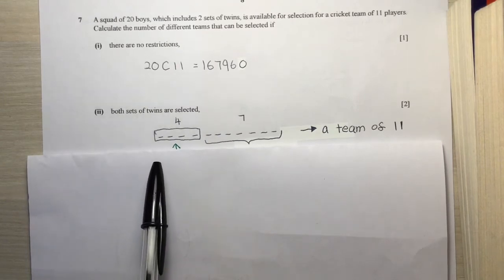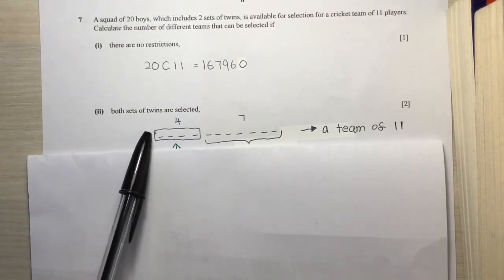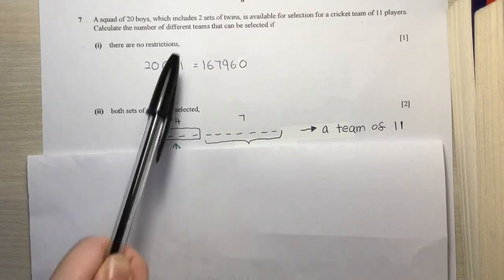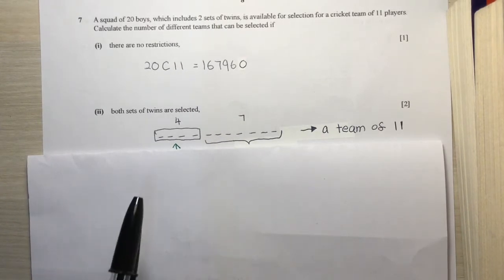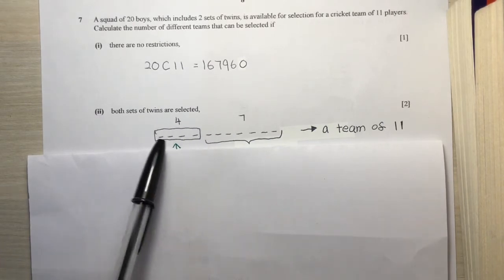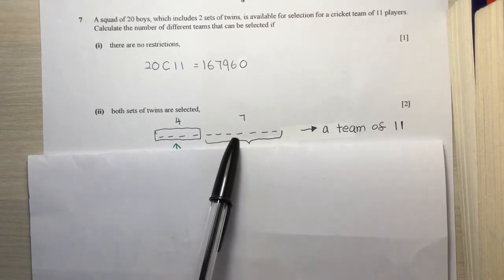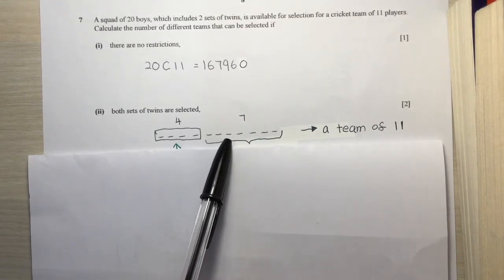Anyone can be standing in these spaces, but 4 of them are already occupied by these 2 sets of twins. So I will put a bracket, or frame them, and 11 minus 4 leaves us only 7 spaces to go with.